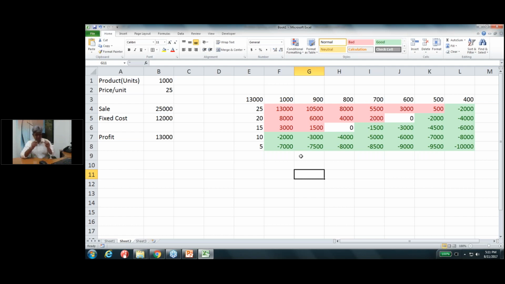Okay. As far as the data table is concerned, it is only limited to 2 variables. So if there are 2 variables we need to look into, this will only develop a table for 2 variables. So that is the limitation associated with the data table.